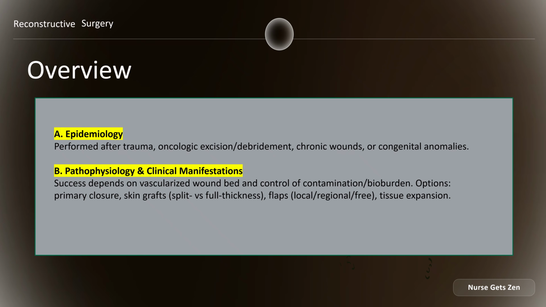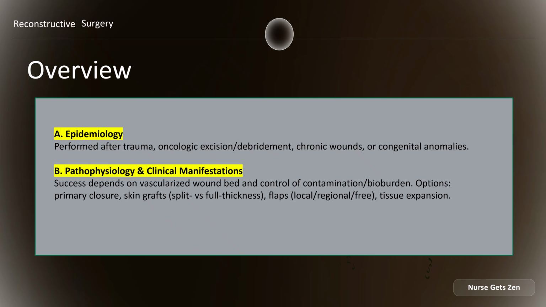Pathophysiology: the plastic surgeon performs primary closure of the wound with minimal scarring if the edges of the wound are fairly straight. For wider wounds, surgical debridement and healing by secondary or tertiary intention may be required.